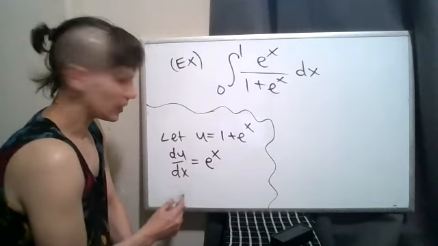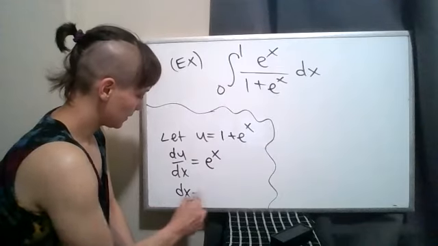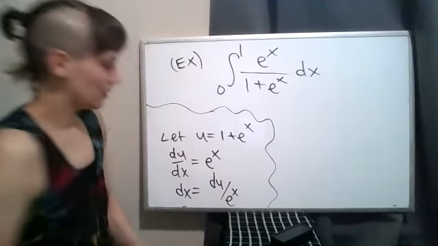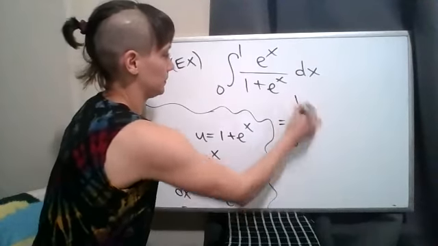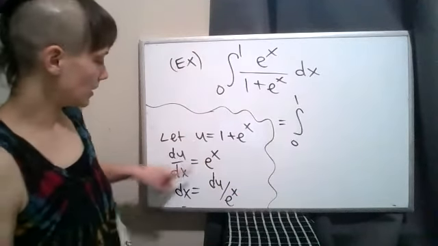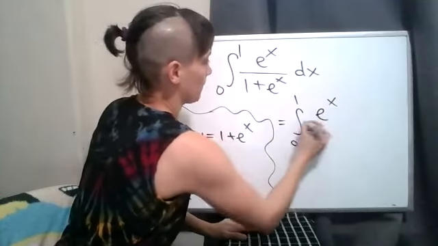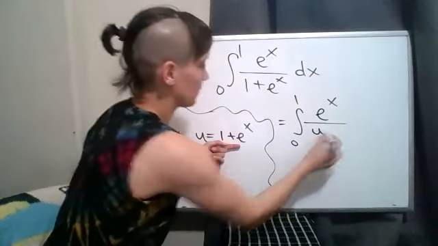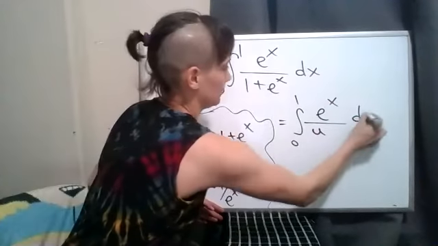So du over e to the x is equal to dx. I've got my e to the x still there. 1 plus e to the x is going to be u. And then dx is du over e to the x.